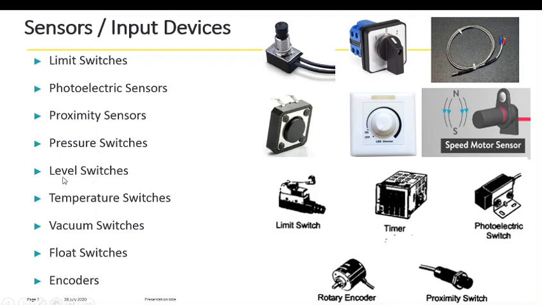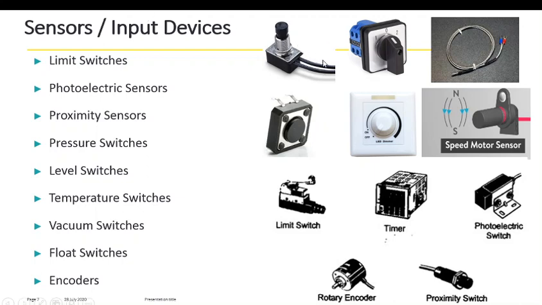Level switches are used in tank level control, for measuring levels of a particular fluid or liquid. Temperature switches, vacuum switches, float switches, and optical encoders are there.